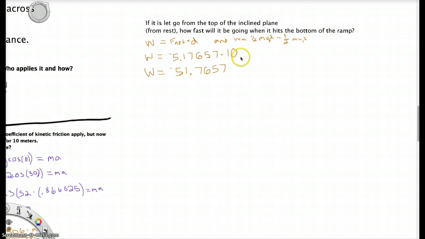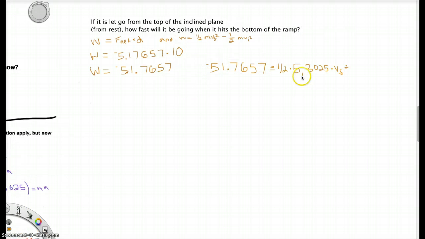Next, we plug into this equation the number that we got here. This is what the equation should look like after we plug in. Next, we're just going to simplify, and if you notice, this part was actually taken out, because if you think about it, our initial velocity was just 0 because it's starting from the top of an inclined plane from rest.